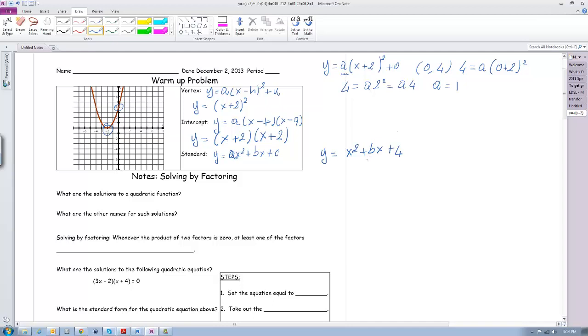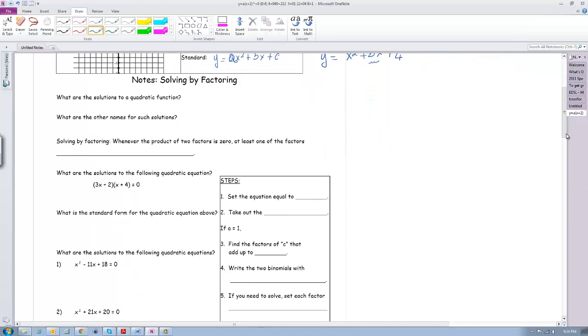The only term that we are really missing is our b, and we could find b simply by picking one point that is on the parabola and substituting the value of x and y in this equation. Or again, we can FOIL and find our standard form. So hopefully this is enough to refresh your memory on how to find the three forms, the three equations, of a parabola given a graph.